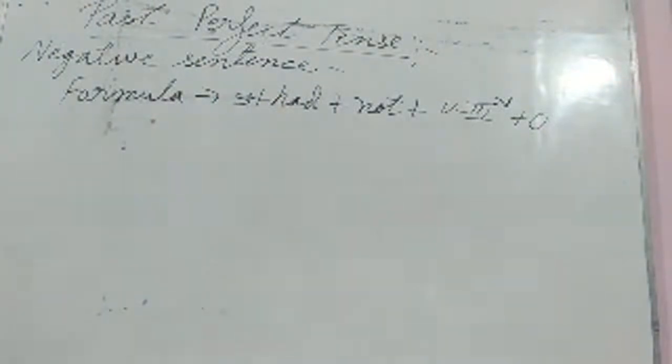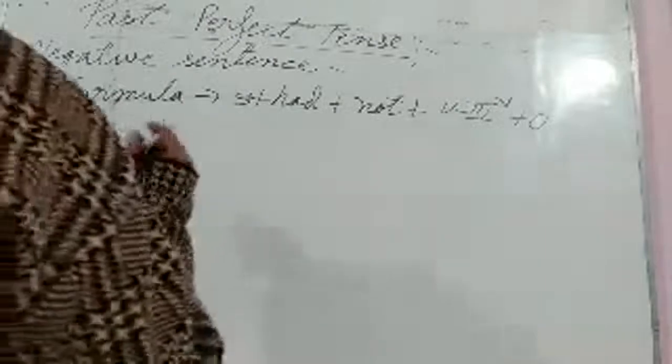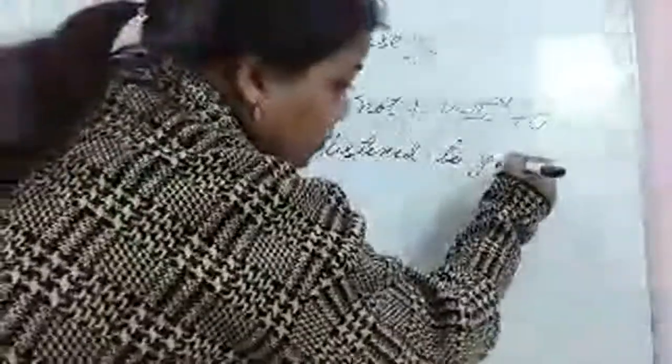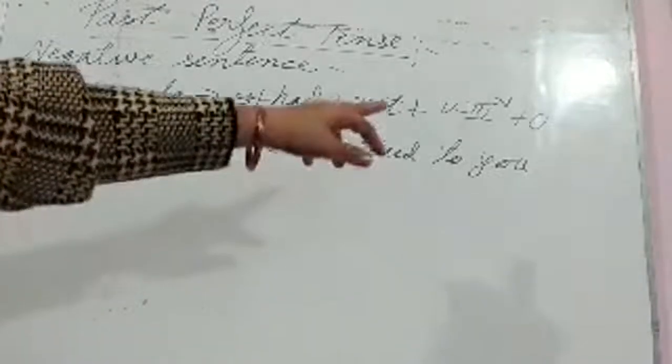Here is the formula related to the negative sentence: subject plus had plus not plus verb of third form plus object. Let's see the example related to the negative sentence in past perfect tense. The sentence is, he had not listened to you.